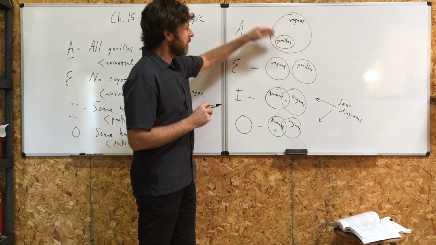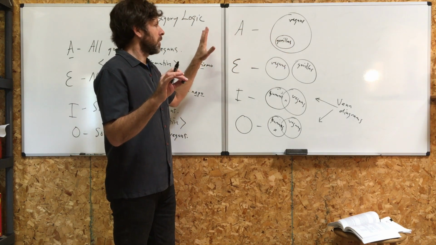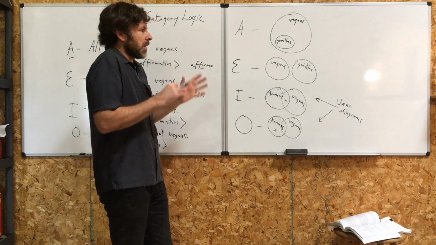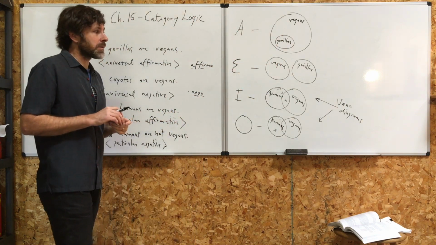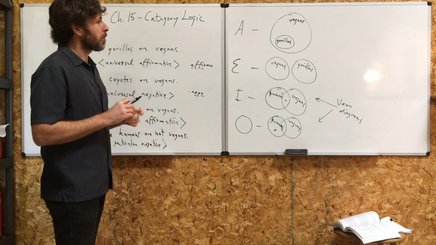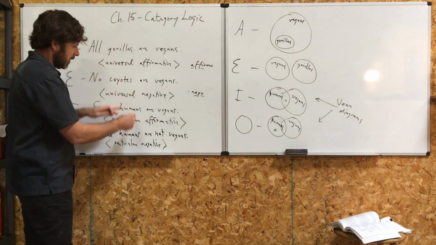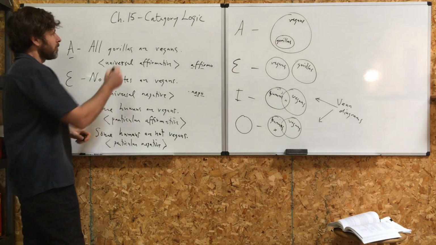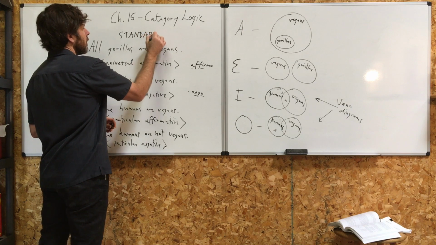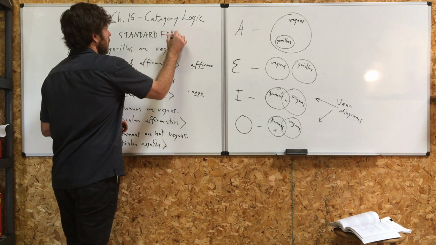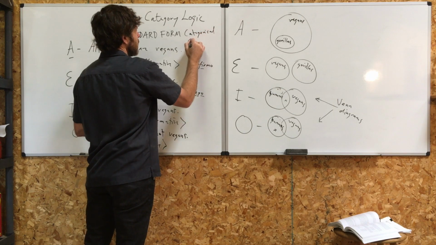These two diagrams for A and E, they are not Venn diagrams. They're just an intuitive, common sense way of representing those two kinds of statements. These are all called, A, E, I, and O, standard form categorical statements.